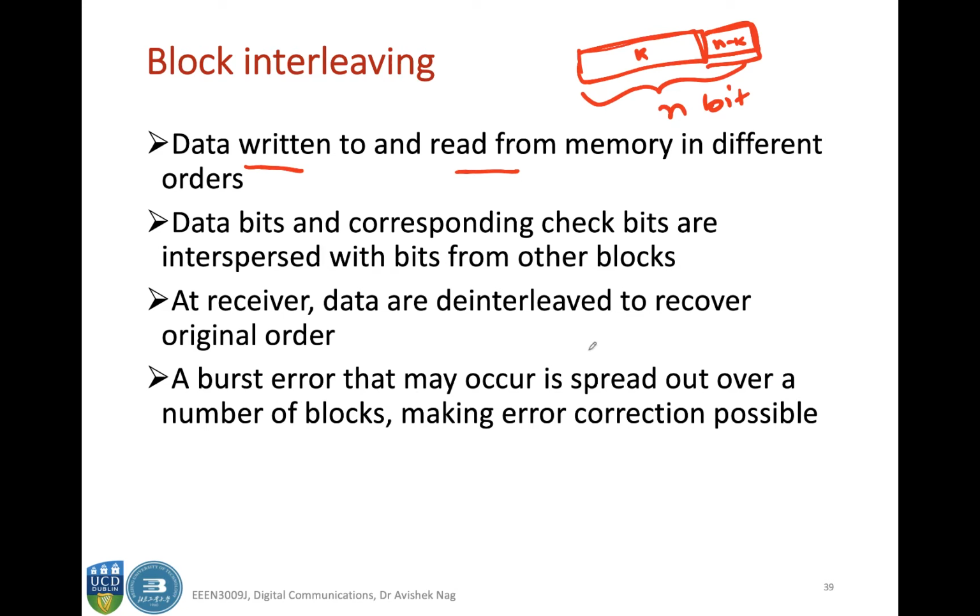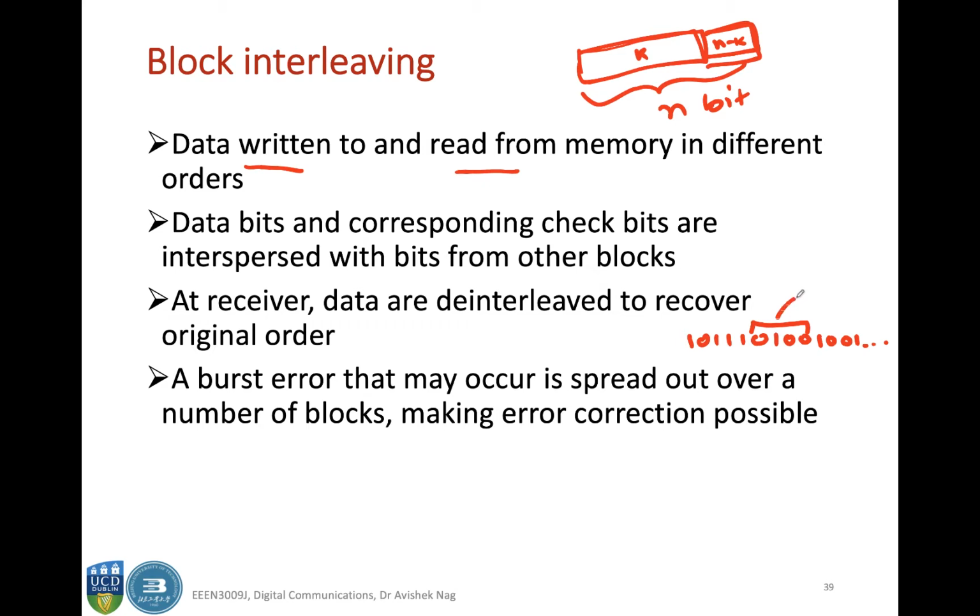Burst error means errors come in a burst, or they come together. At a stretch, multiple bits can be affected by a burst error. If this is your entire bit stream, let's say you take a random, very long bit stream like this, a burst error means an error that may affect, let's say, these four consecutive bits.